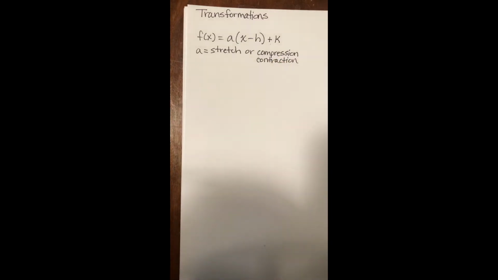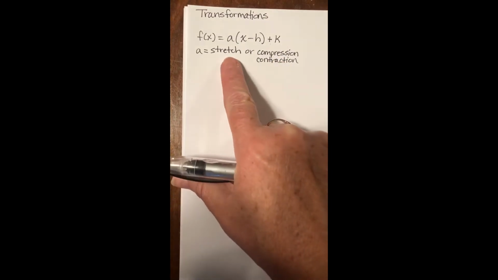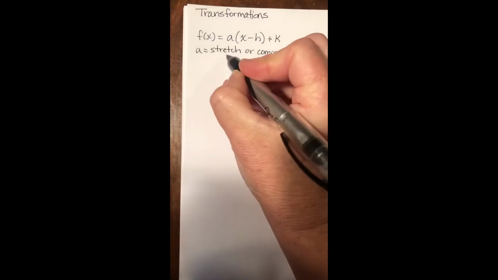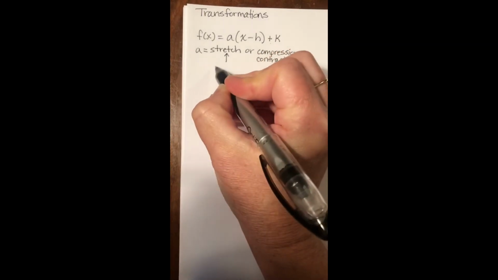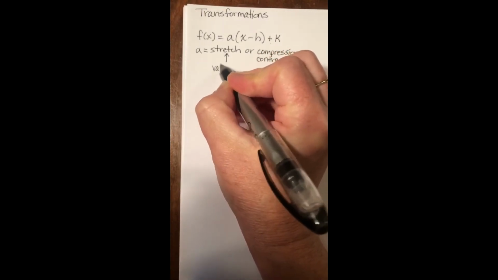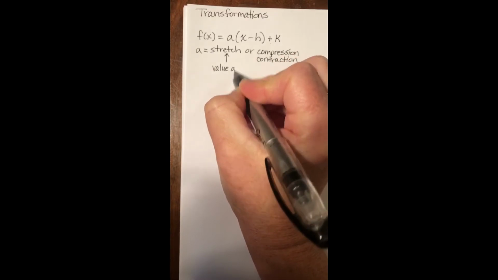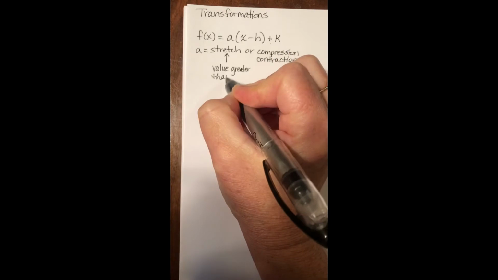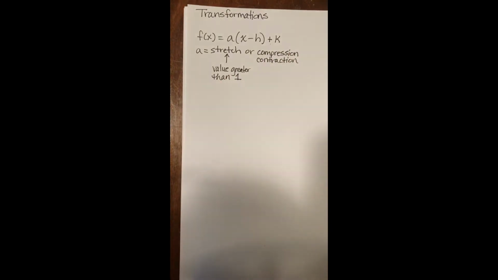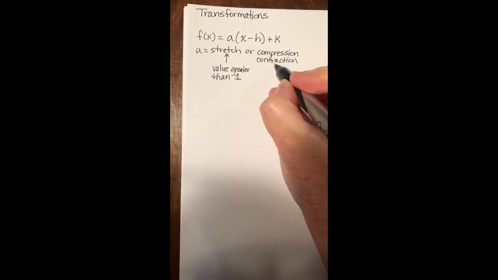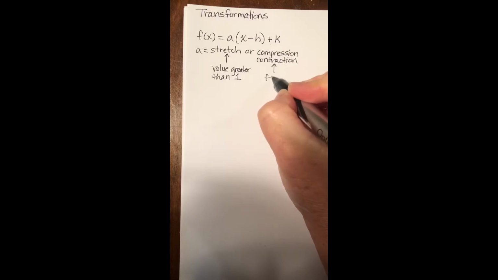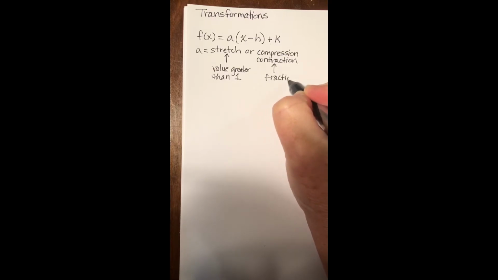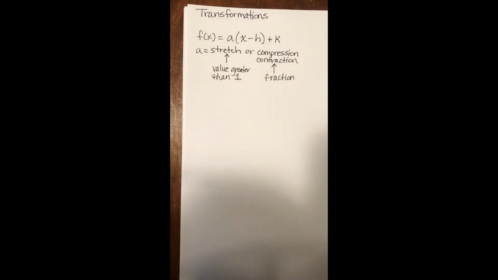If a is a value greater than 1, then it's stretching your graph. So if it is a value greater than 1, then it's going to be a stretch. And if it is a fraction, it's going to be a compression or a contraction.